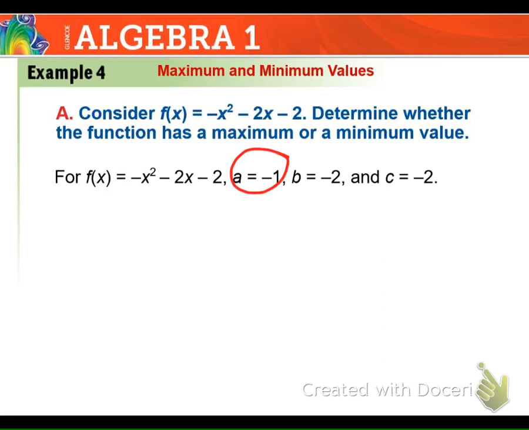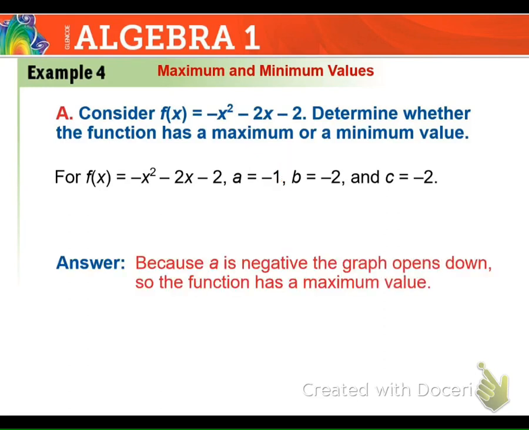Okay, so that answer should be, because it's negative, it's going to open downward. Okay, so that open downward's a big deal, and it also tells me I have a maximum value. That max will happen at the x value of our vertex, and my y value will be what is its actual value. So let's go and see how we can work that out.